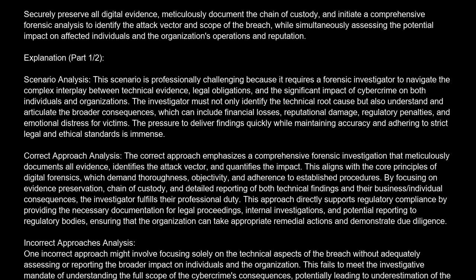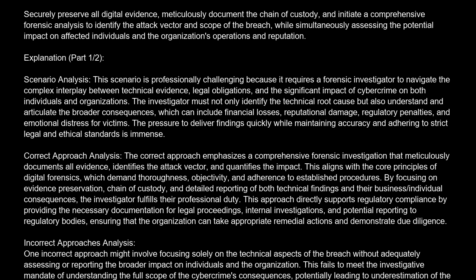By focusing on evidence preservation, chain of custody, and detailed reporting of both technical findings and their business and individual consequences, the investigator fulfills their professional duty. This approach directly supports regulatory compliance by providing the necessary documentation for legal proceedings, internal investigations, and potential reporting to regulatory bodies, ensuring that the organization can take appropriate remedial actions and demonstrate due diligence.